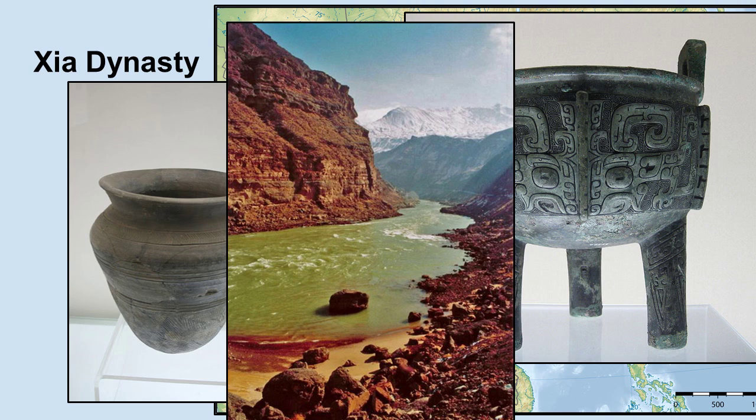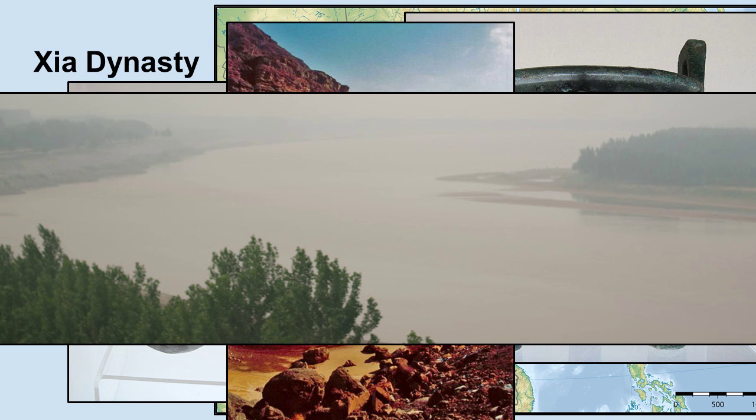So the question becomes, how can you control it? And the idea of how the Xia Dynasty began is that you have people that start trying to control the river, to try to stop flooding, to prevent destruction of land and homes. So this idea of if you can control the river, you can control the people, is how things begin.